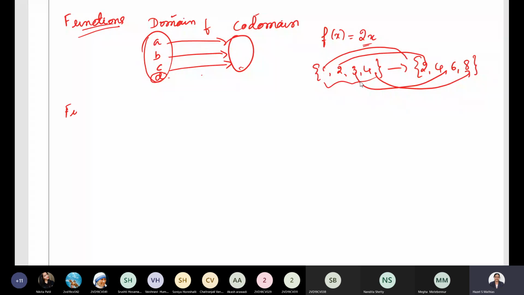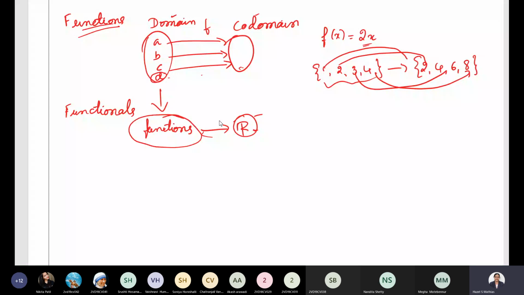Apply a similar concept to functionals. Here the domain contains a set of functions which are mapped to real numbers. You can have some elements left out in the codomain, it doesn't matter. But to form a function, every element of the domain must have an image in the codomain.